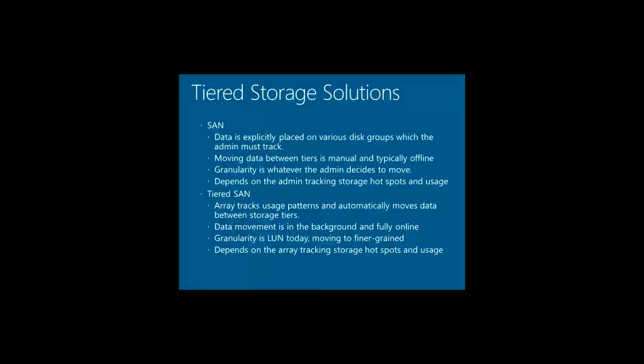You don't want to, for example, do a one-off report that scans a huge volume of data and have that cause all that data to move into the fast storage, because you may not access that data again for a year. So again, the success of the tiered storage is dependent on the array being able to guess correctly what data is going to have the highest performance requirements without the array being aware of what that data represents. It's just blocks as far as the array is concerned. It has no intelligence as to what that storage represents. So that's tiered storage.